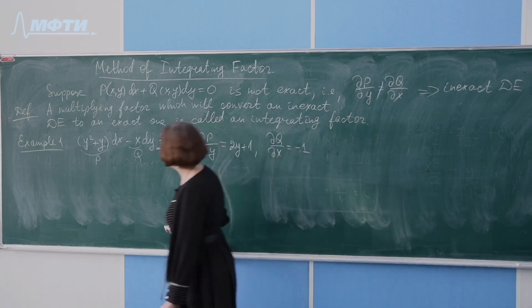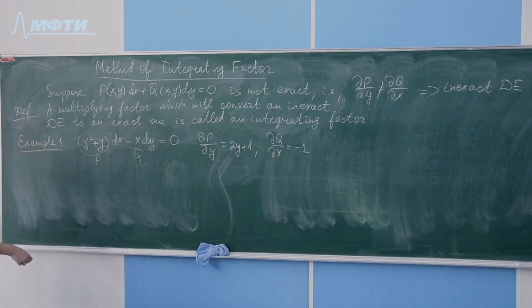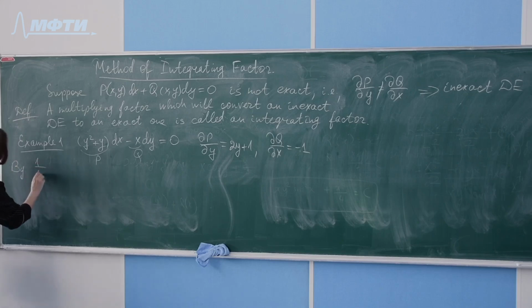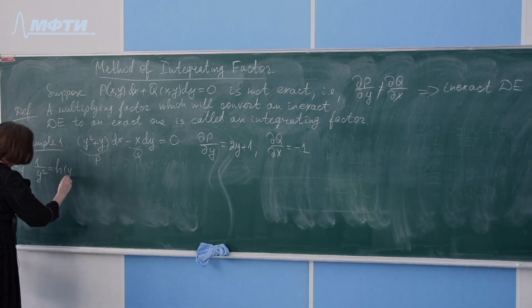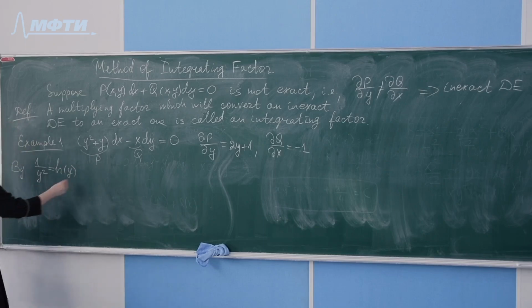Now let's multiply this differential equation by 1 over y squared. Multiply by this coefficient. And this is an integrating factor. I claim that this is an integrating factor. Let's call it h of y.